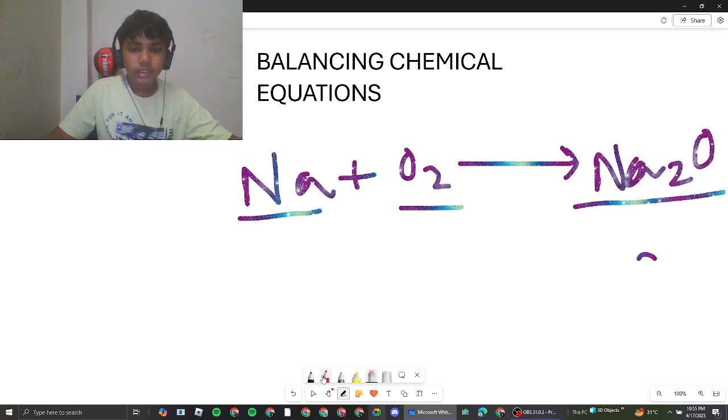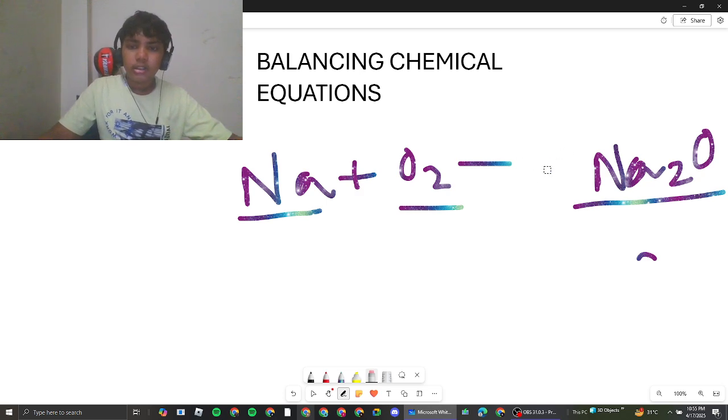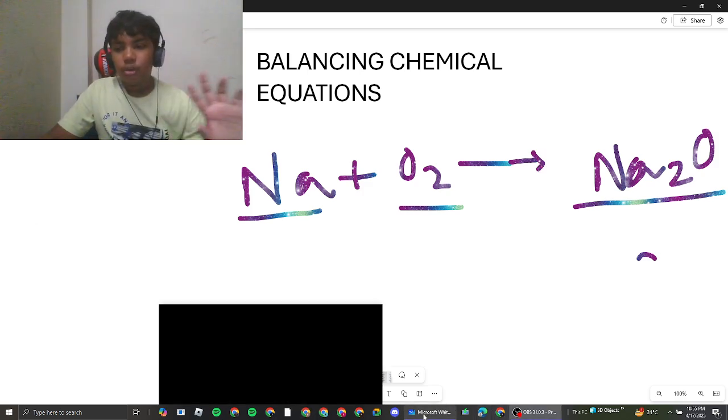Now take a look. How can we do that? What we want to do is make the oxygen have 2 atoms, at least on one side, by adding a coefficient.